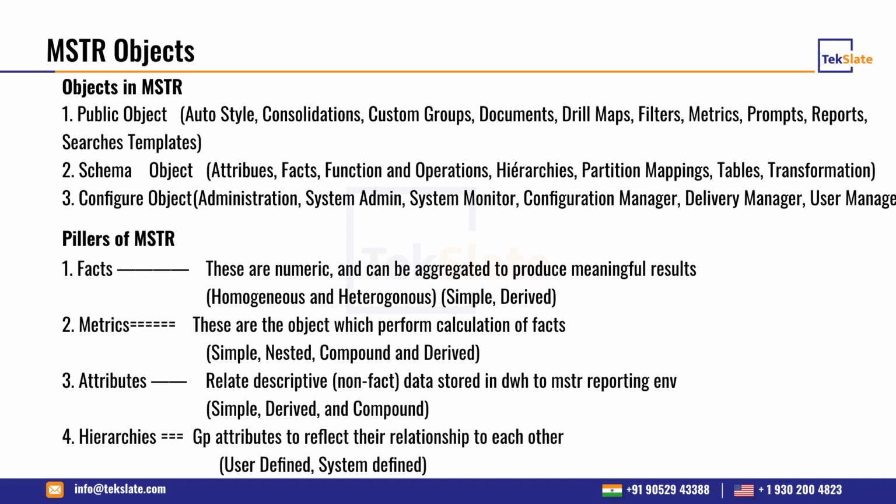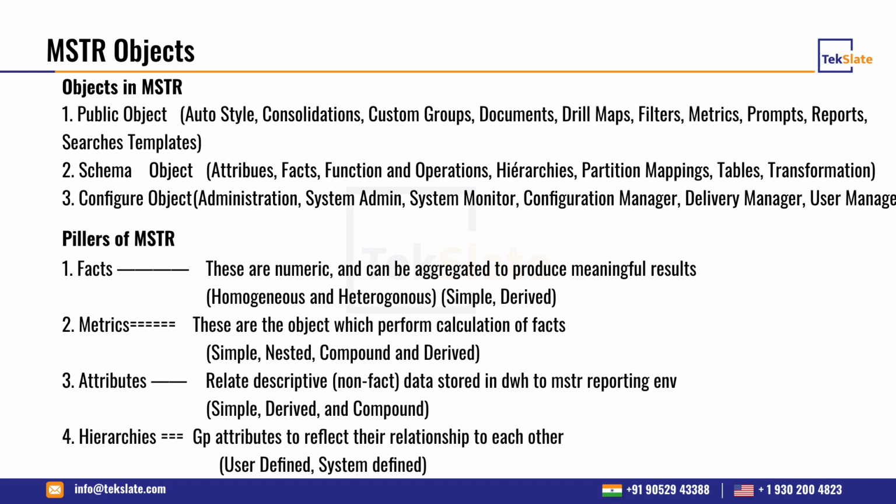In fact, I have written four things. First are homogeneous and heterogeneous facts, which are two different fact types. Then there are simple facts and derived facts. Metrics also have four types: simple metrics, nested metrics, compound metrics, and derived metrics. Attributes also have different types, but the fourth one I have purposefully not mentioned here: simple, derived, and compound. Hierarchies are system defined and user defined.